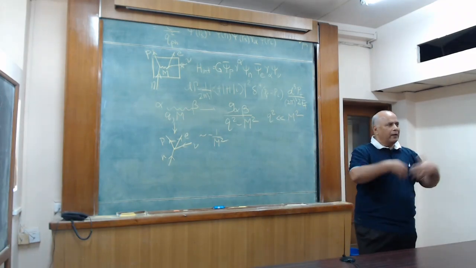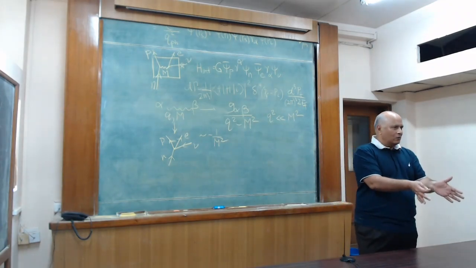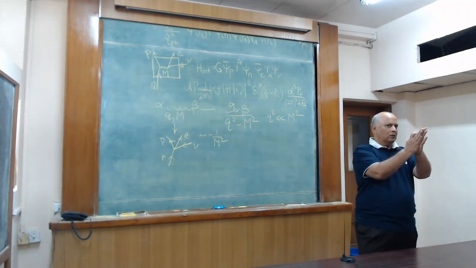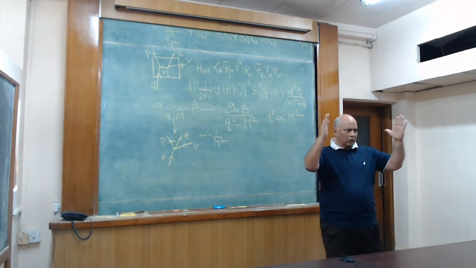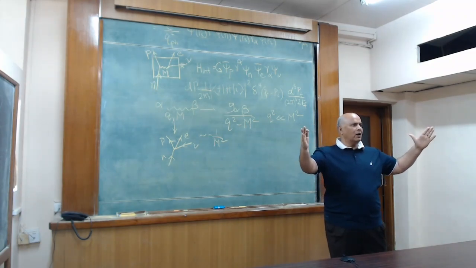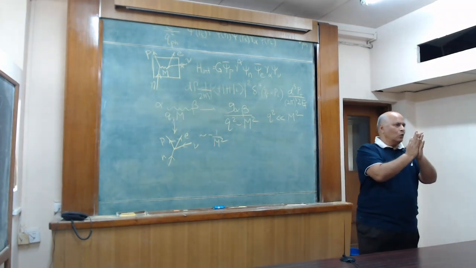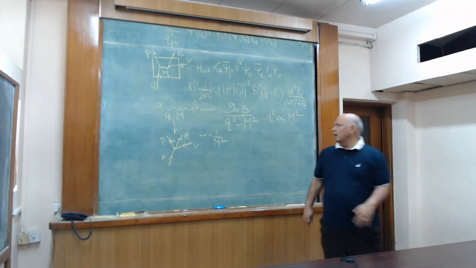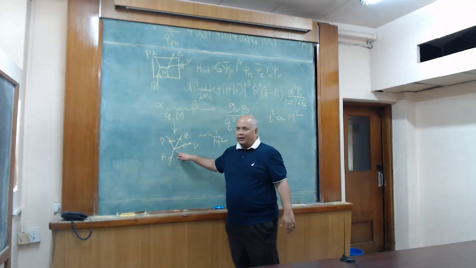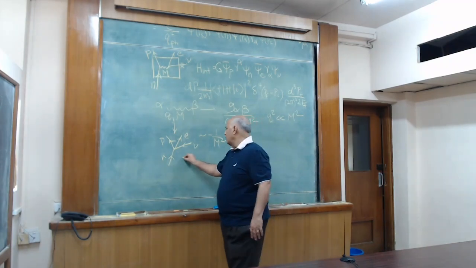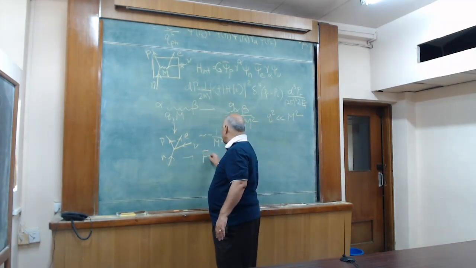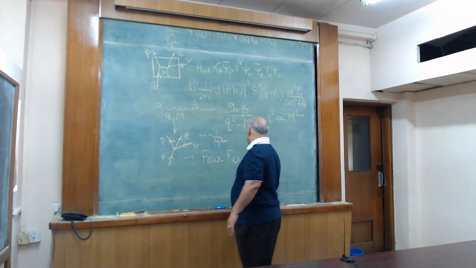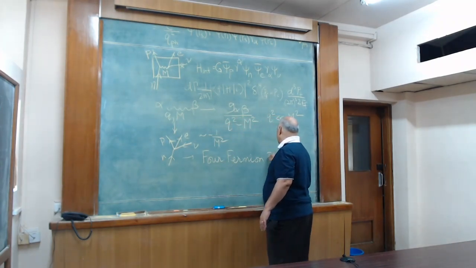If I can replace the propagator by a constant, that is equivalent to saying that the two points where the interaction is taking place are so close that I essentially consider them to be the same point. Therefore, I write it like this, and this is what we call the 4 fermion interaction.